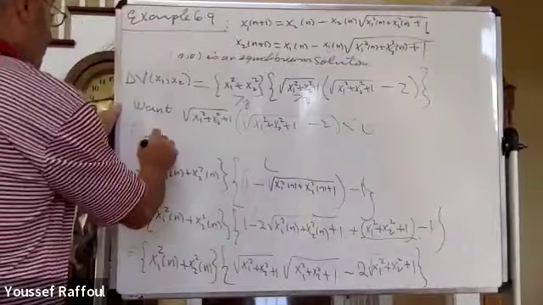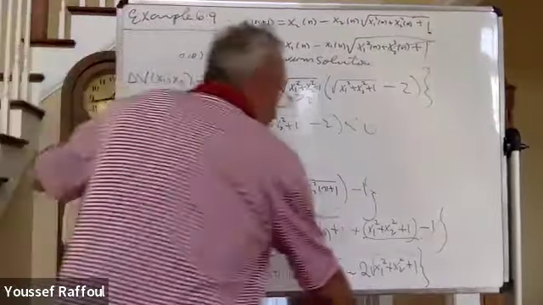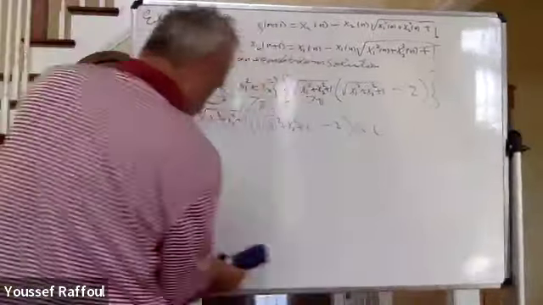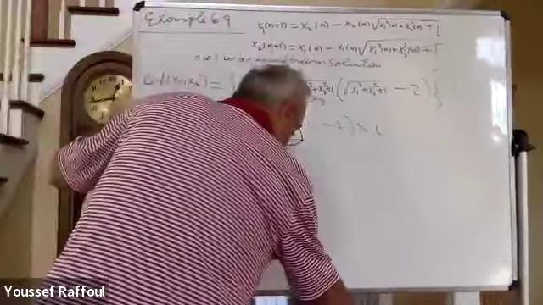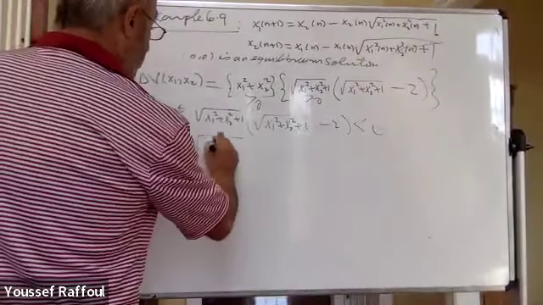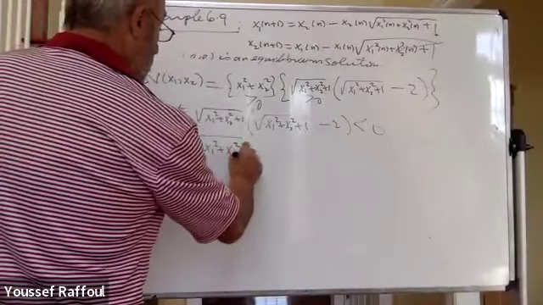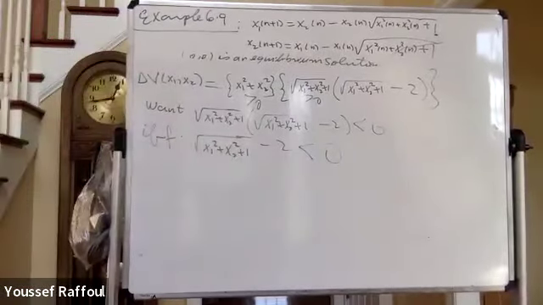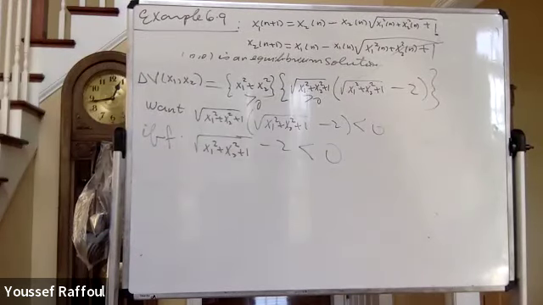This is if and only if the square root of x1 squared plus x2 squared plus 1 minus 2 is less than 0. So I am trying to find the domain of attraction.